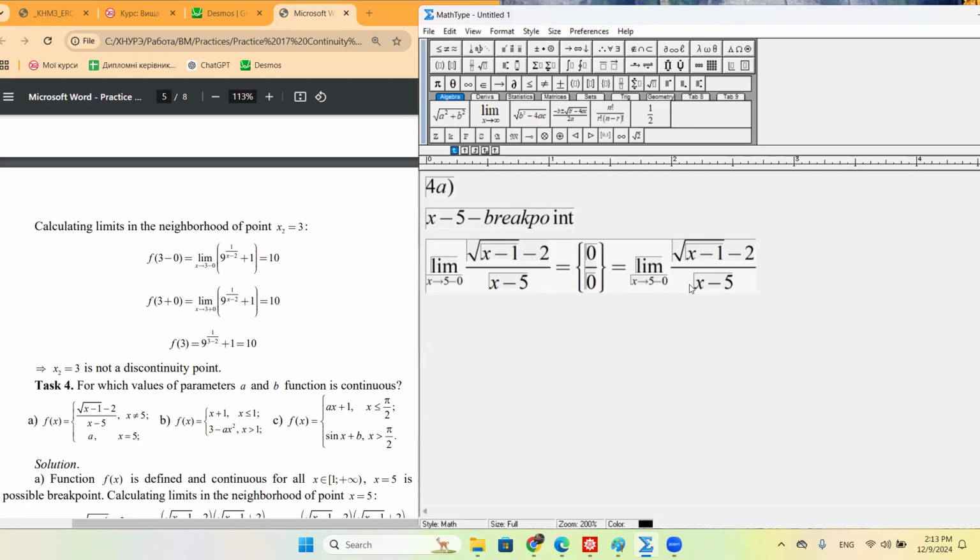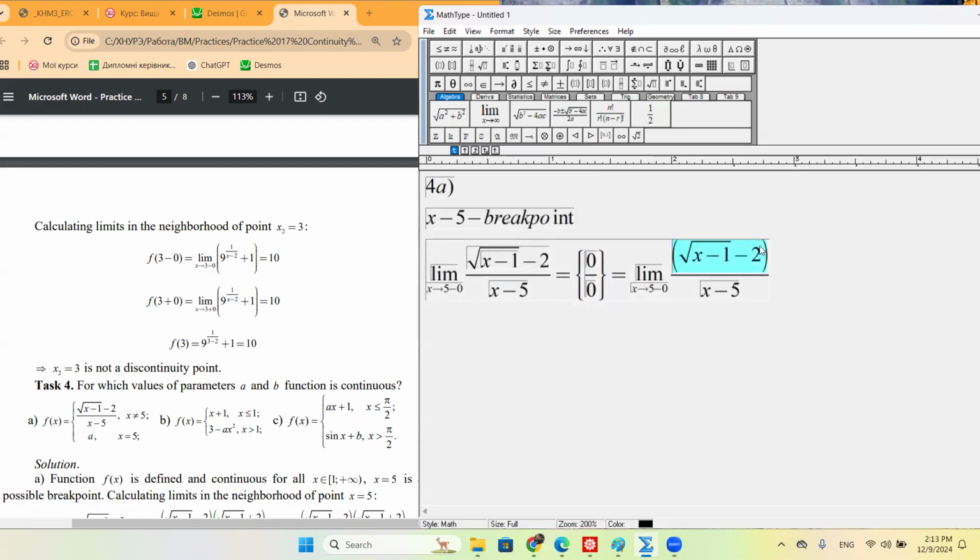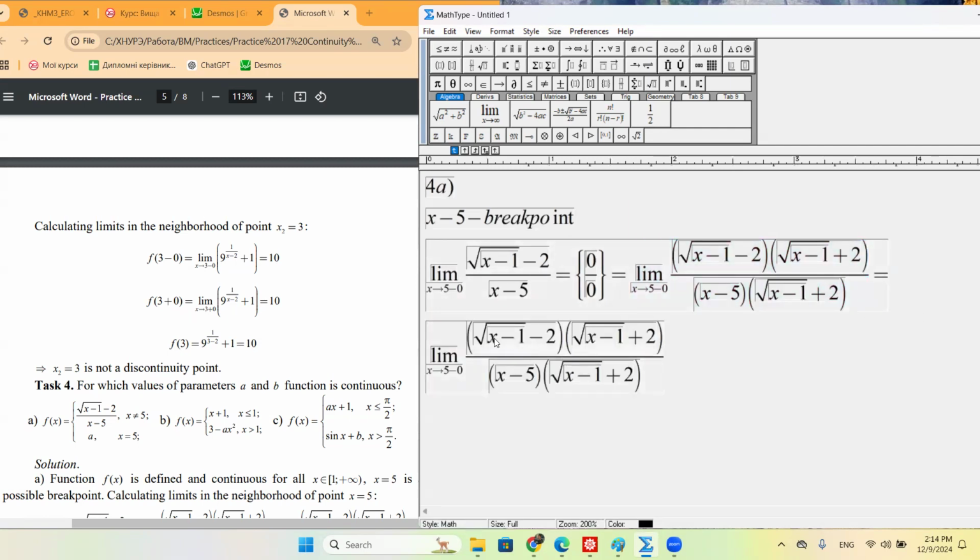We need to construct the quadratic formula. Yes, so multiplying and dividing by the conjugate expression. So do this, and then we will use the difference of squares. So x minus 1 minus 4.